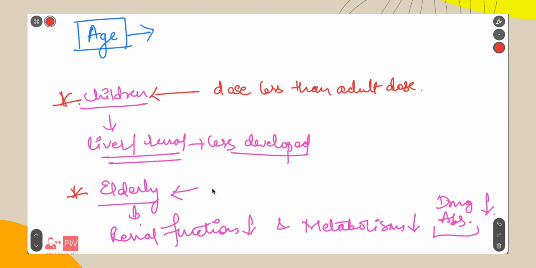So in that patient, the dose should be less as compared to the adult dose, and it should be judiciously administered. So this is how age influences the dose of a drug.